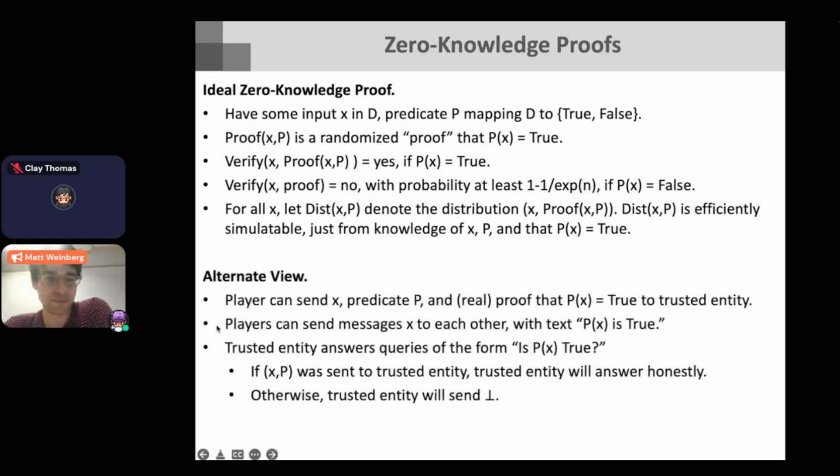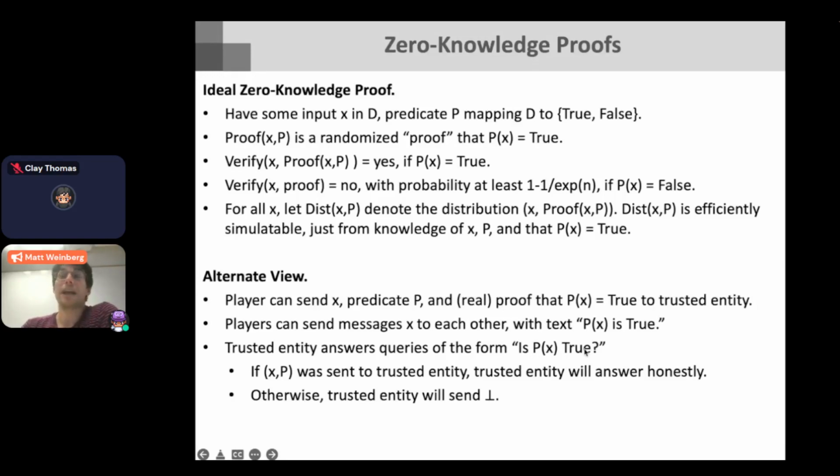That's the formal definition. Now, what it's trying to simulate is a trusted entity where any player can send X and a predicate P, a real proof that P of X is true, to the trusted entity. Then players can send whatever messages they want to each other claiming that something is true, and the trusted entity will answer queries of the form, is P of X true?